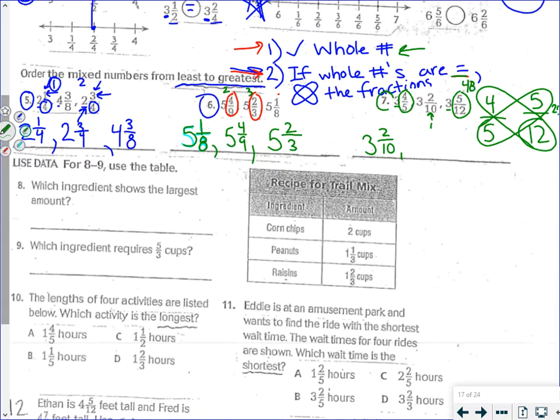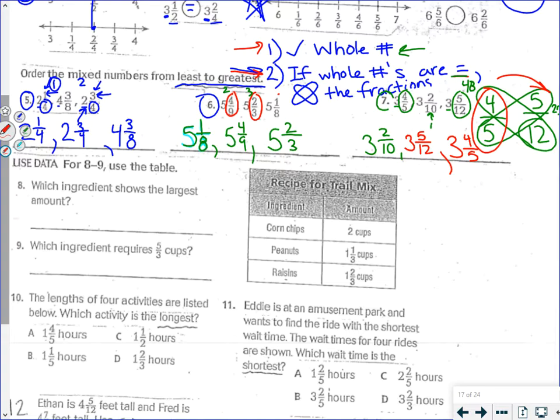So I know that 4/5 is bigger than 5/12. So I'm going to go 3 and 5/12 next, because we just looked at it, and 3 and 4/5 is bigger than that.